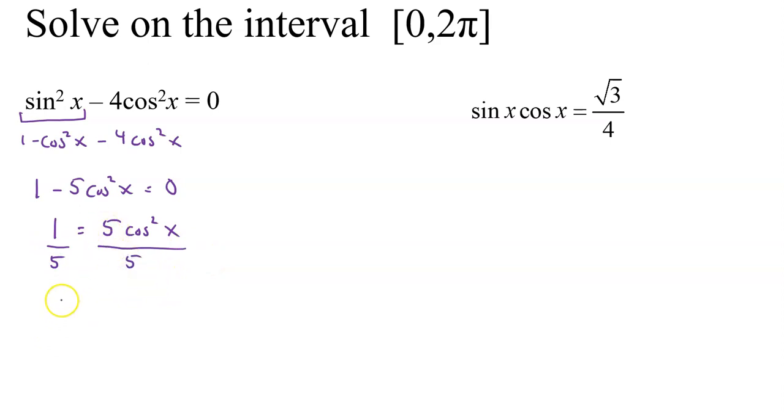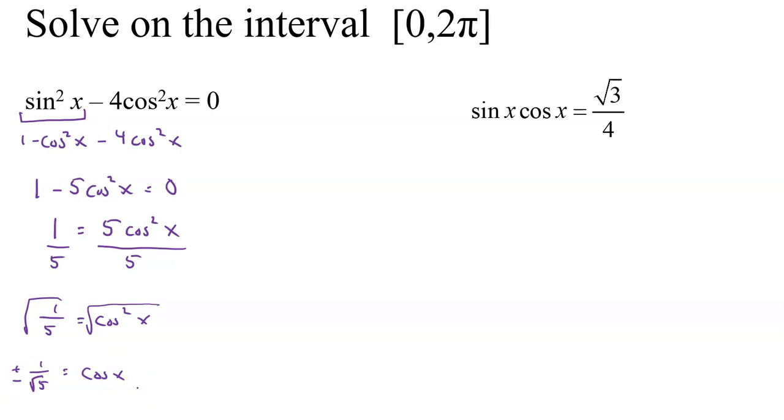If I divide both sides by 5, I get 1/5 equals cosine squared x. And so now I need to take the square root of both sides. And I get plus or minus 1 over the square root of 5 equals the cosine of x.